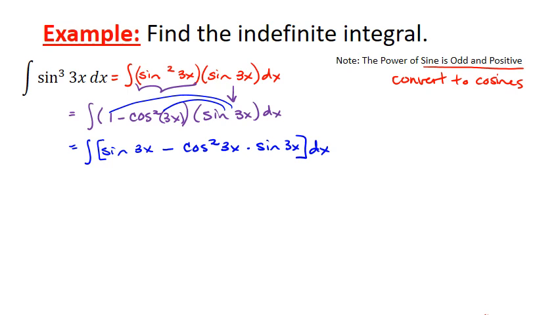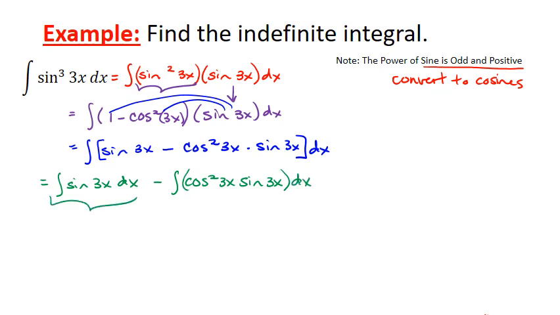So I have two terms, so remember I can separate this into two separate integrals, and when I do, I have the integral of sine of 3x dx minus the integral of cosine squared 3x sine 3x dx. When I integrate this, you should be able to integrate this easily to get a negative 1/3 cosine of 3x. Plus, over here, this one's a little more complicated, so let's take a moment to integrate this.